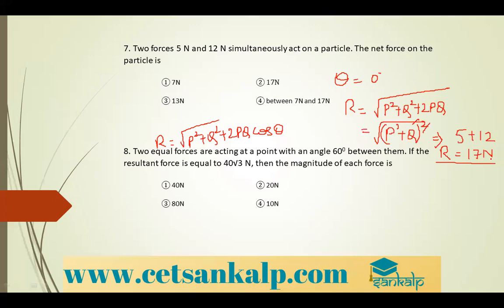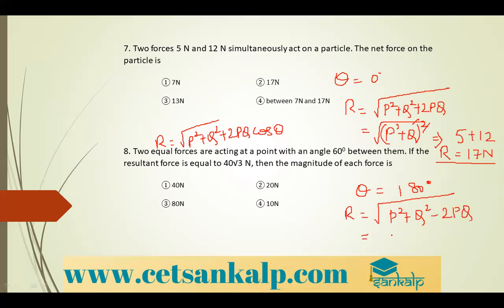Second one, when theta is equal to 180 degree. Why? Because 90 is ruled out. Then R is equal to root of P square plus Q square minus 2PQ.